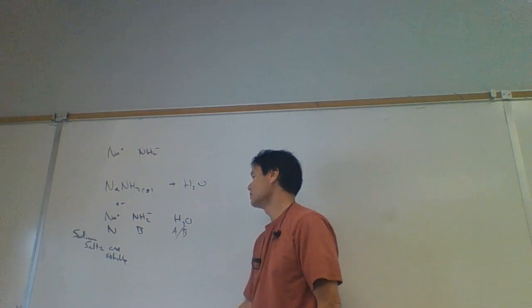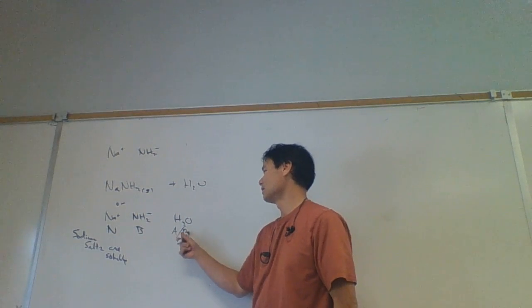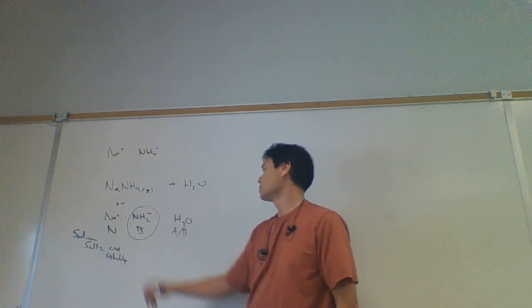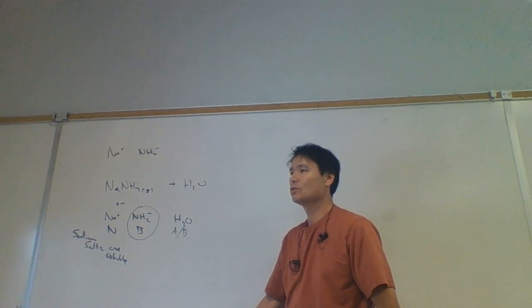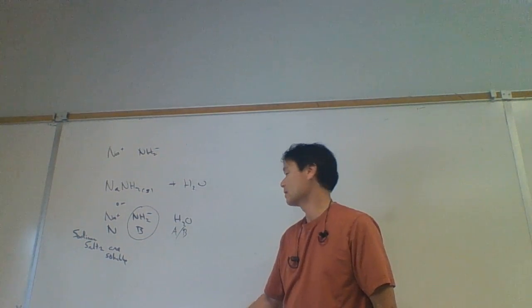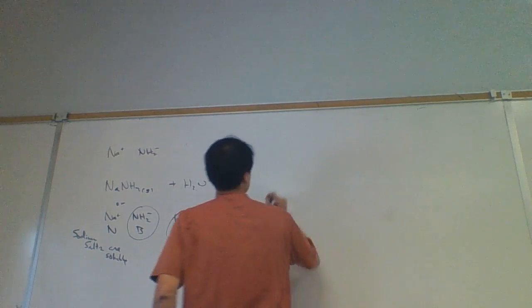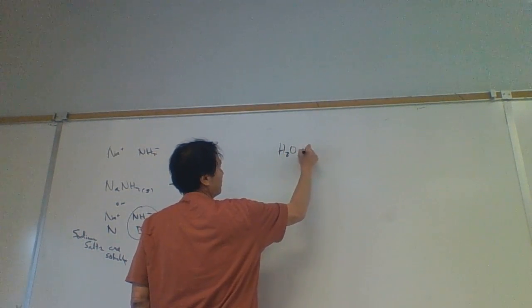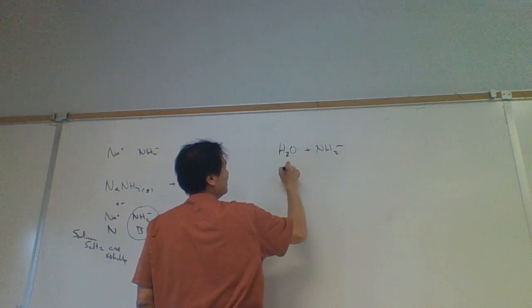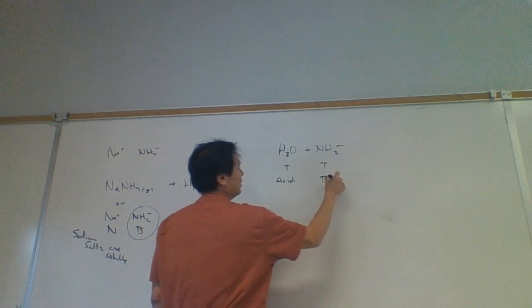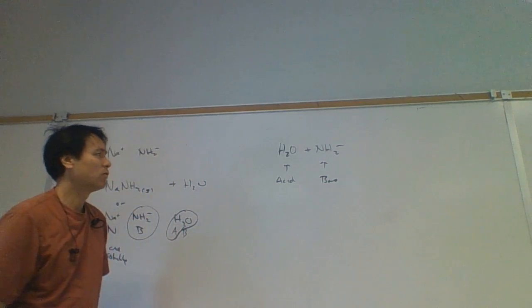Yes, acid-base. So the strongest base, amide or water? Amide. The strongest acid? There's only one acid present, so it's got to be water. The reaction is going to be the acid water with the base amide. This is my acid, my base. What forms?